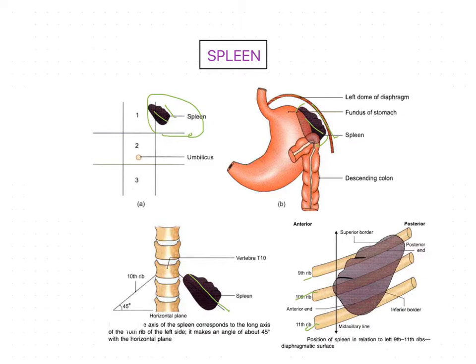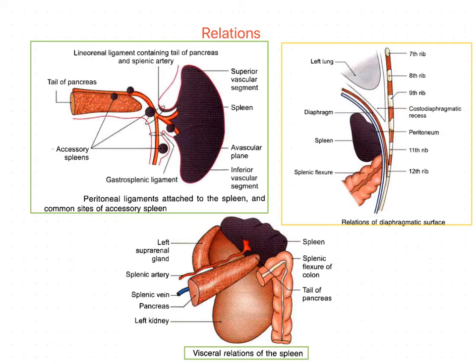Now we will see the relations of the spleen. Before that, we have to discuss the hilum of the spleen. The hilum lies between the superior and intermediate borders, and it is pierced by branches and tributaries of the splenic vessels.